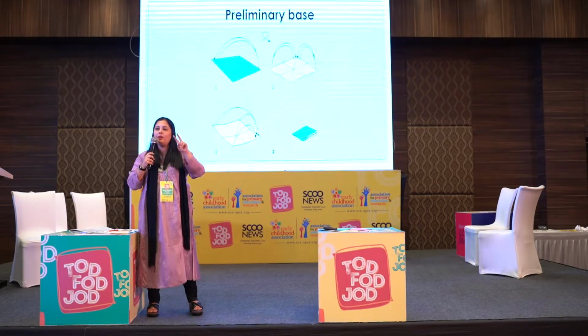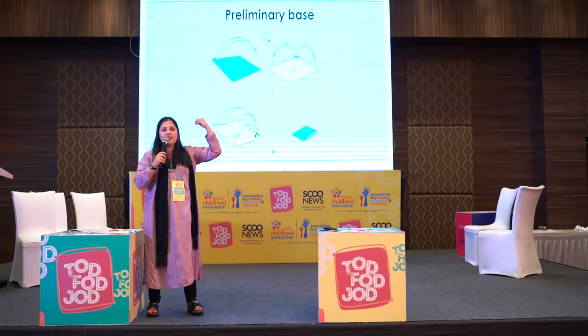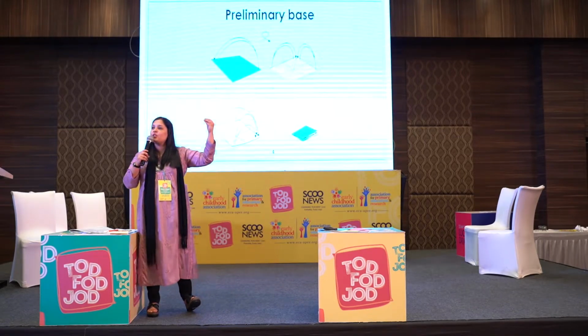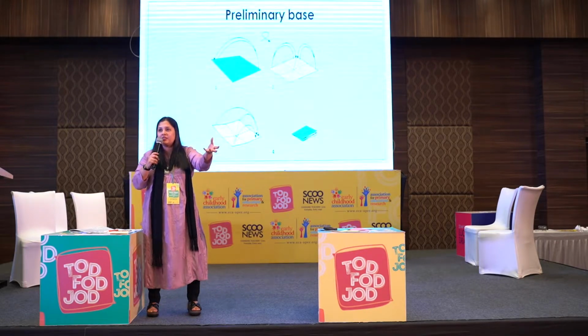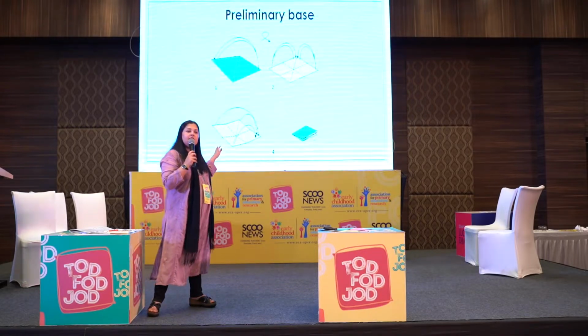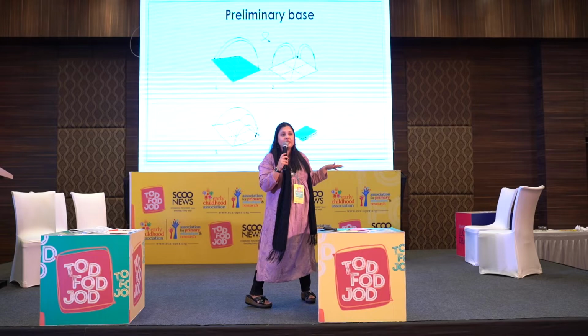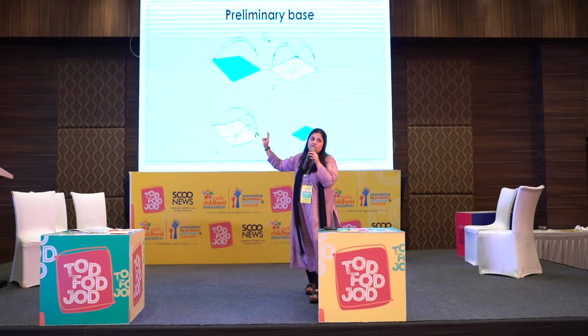So today we will learn about the 2 important bases which will be helpful to you to make all the animals, to be able to help you make all the transport that we teach, vehicles that we teach. All of them are based on these 2 preliminary bases, which is called preliminary base and water bomb base. So it is based on only these 2 bases.